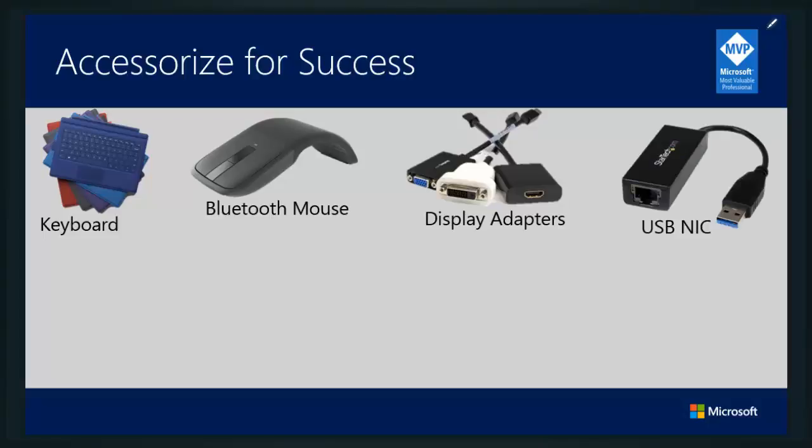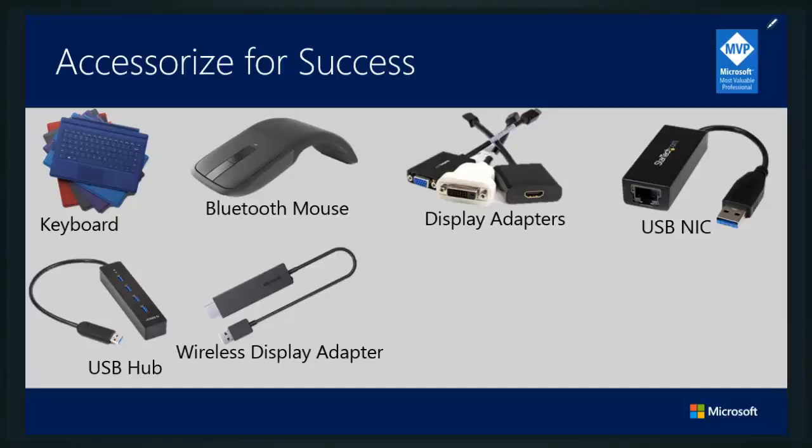A USB NIC, again, useful for your provisioning and deployment, but also great for scenarios where you don't necessarily have Wi-Fi and you might need to connect. Again, I'm using that right now because I wasn't comfortable presenting over Wi-Fi for this session. A USB hub. The standard Surface has a single USB 3 port, and you may want more. So a USB hub comes in handy, especially for provisioning.